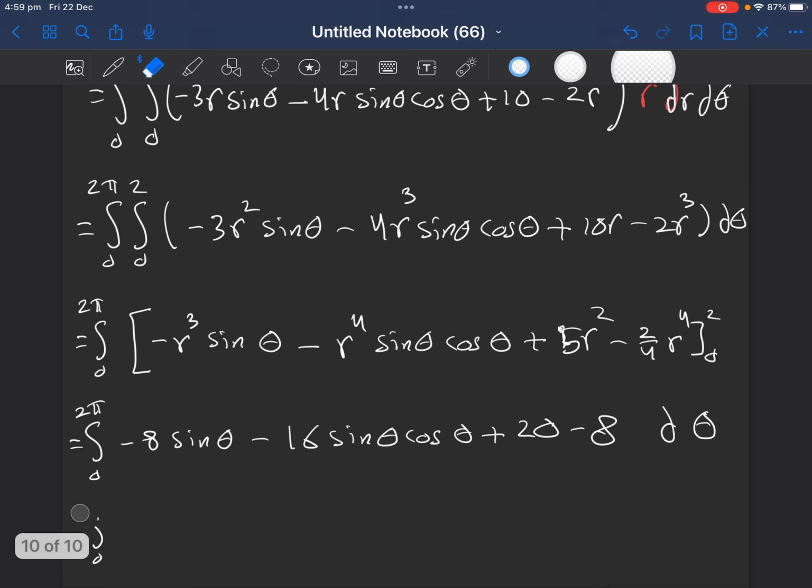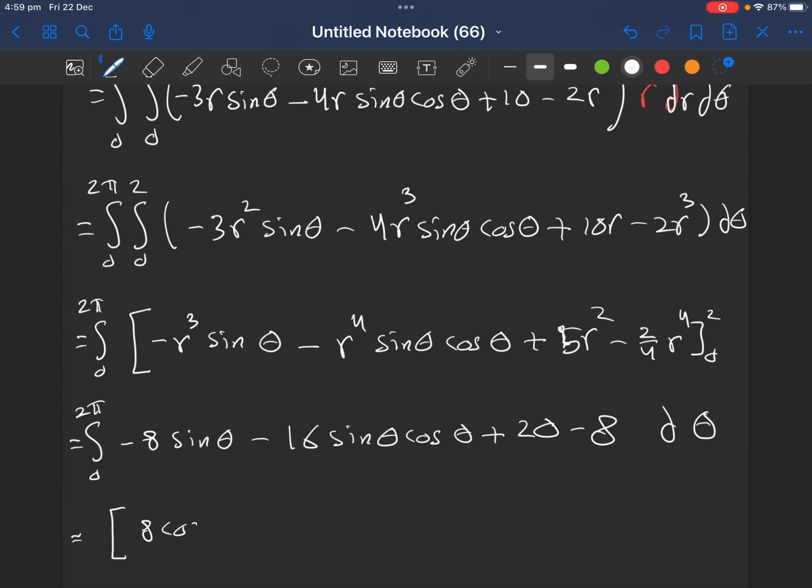If we do all the calculation, the answer should be, if everything is correct, we can just do the integral here. This will be 8 cosine theta minus, this is a function with its derivative, so it will be sine squared theta over 2, plus 12 theta from 0 to 2 pi.